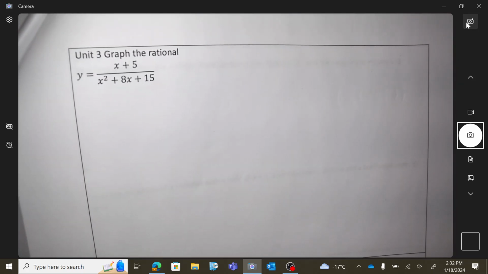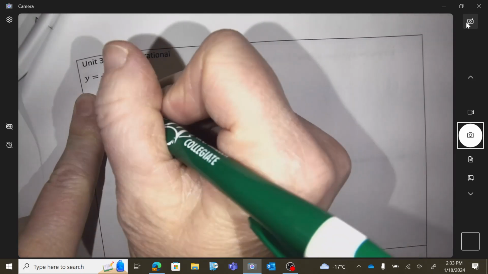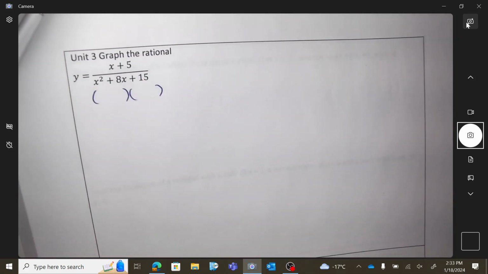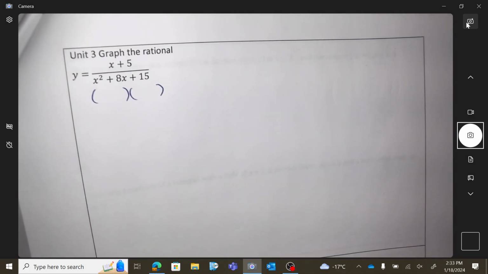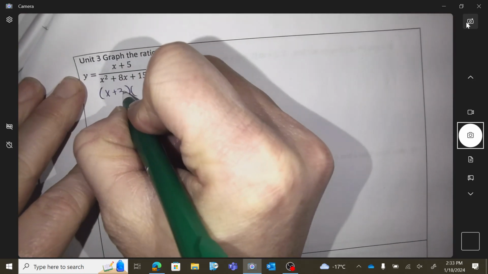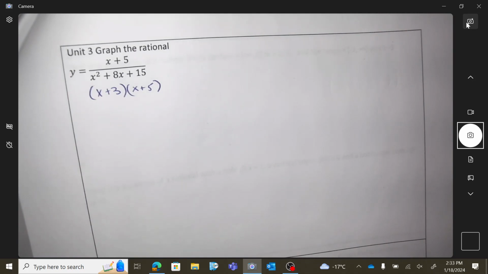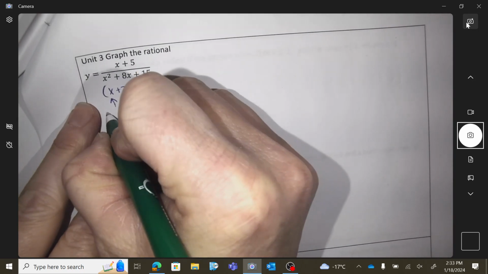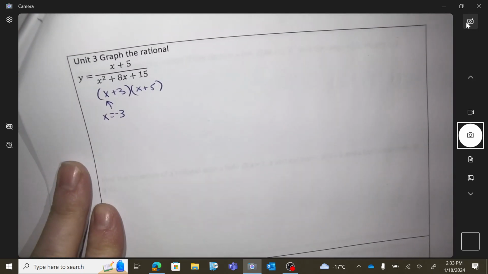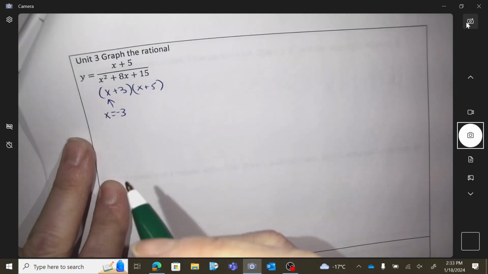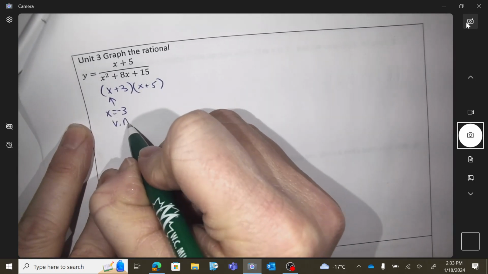Okay. So before I start the rule process, I need to understand what's on the bottom, so I need to factor. So there's my factors. And -3 is going to be a vertical asymptote.